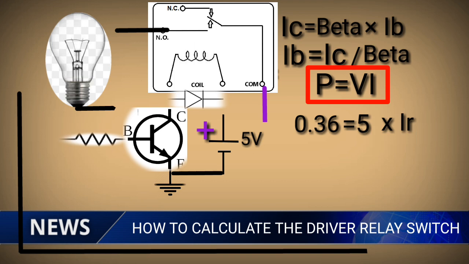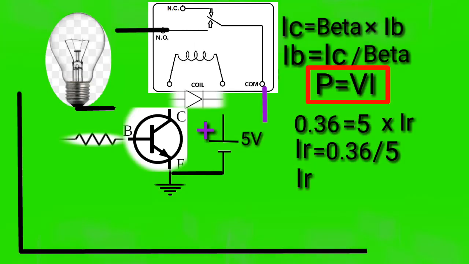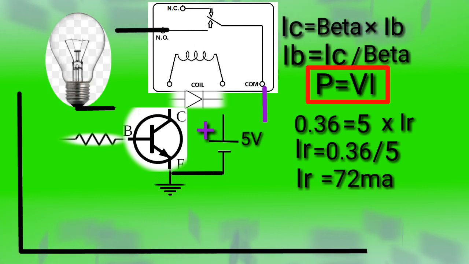Then simplify the equation: IR equals 0.36 divided by 5. IR equals 0.072 ampere, or 72 milliamp.